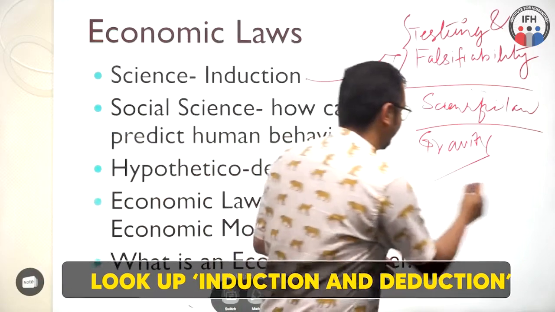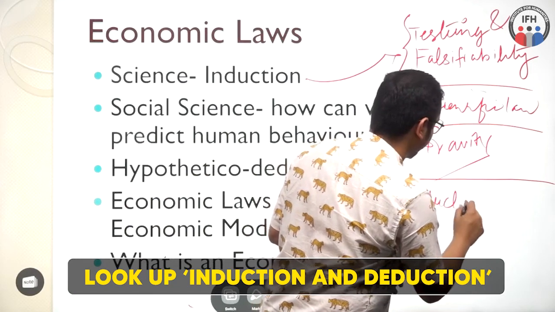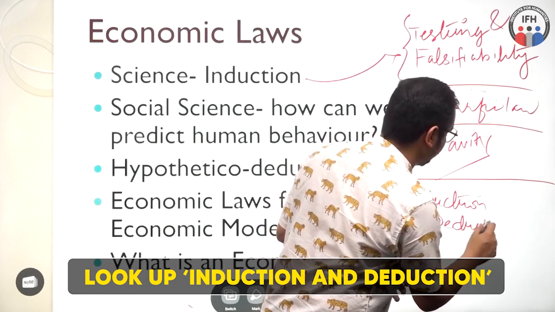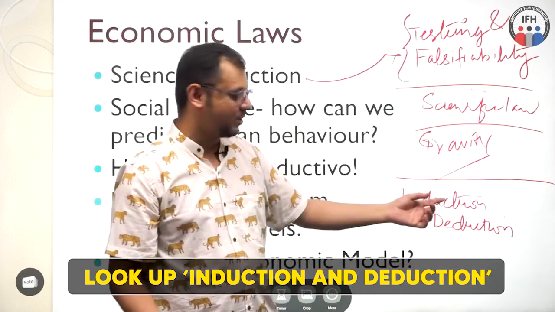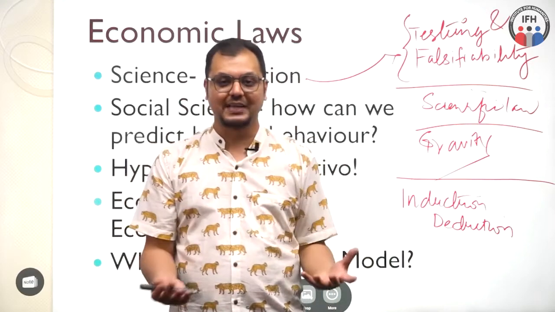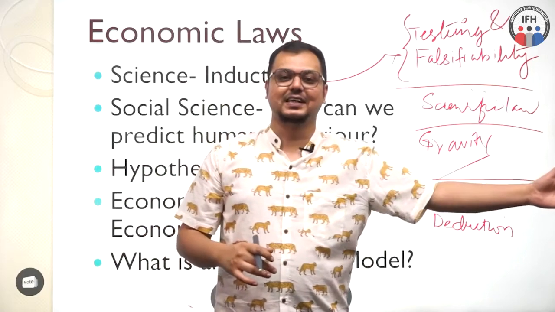Again, you can look up, if you are really interested, induction versus deduction. The key difference, as you can see from English itself, is that when you induce something, you are taking it from one example, doing multiple examples and then establishing it as a law. So you've induced that this is the case.